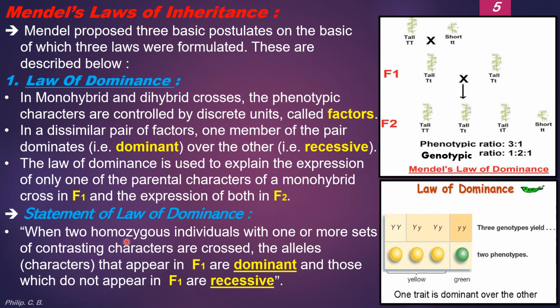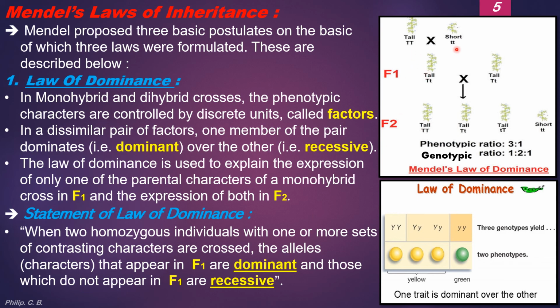Then, the statement of the law of dominance states that when two homozygous individuals with one or more sets of contrasting characters are crossed, the alleles, that is the characters, that appear in the F1 generation are dominant, and those which do not appear in the F1 generation are recessive. As I mentioned, the recessive characters are present but not expressed, they are suppressed. Clear? Now you can see the image.